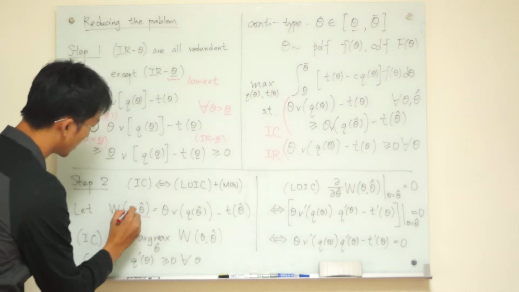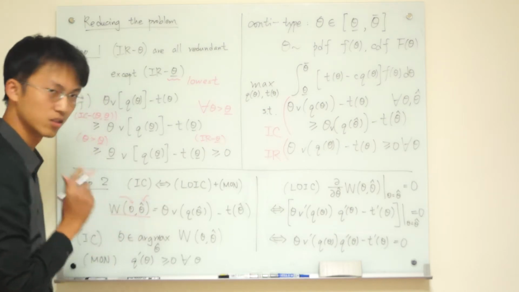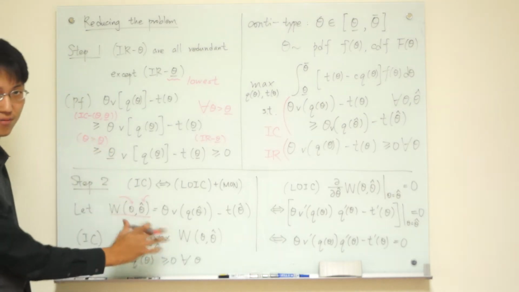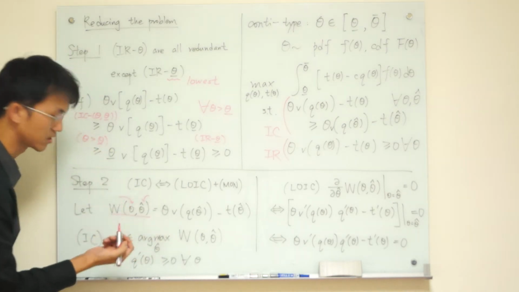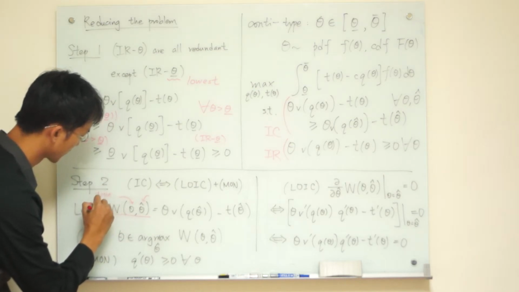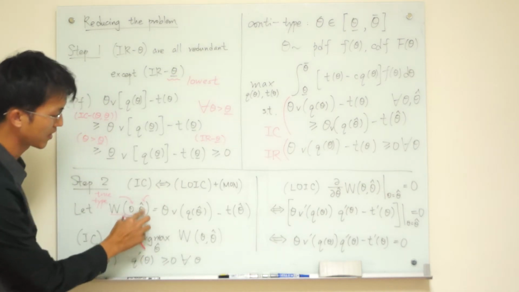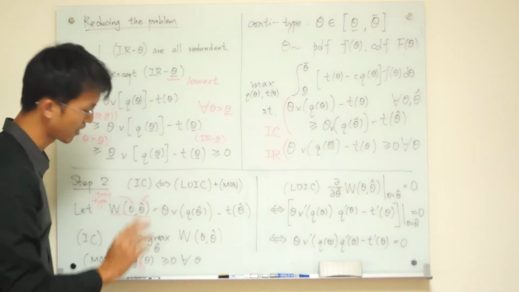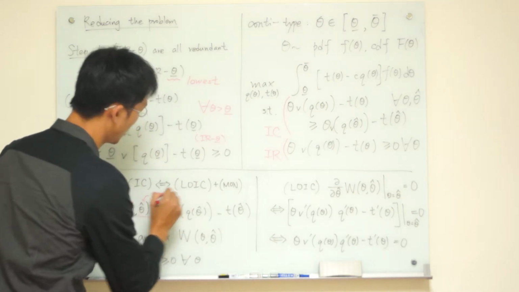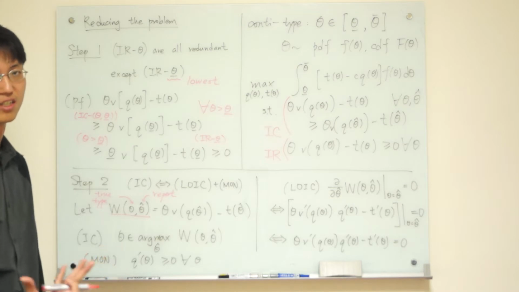Here it will be easier for you to have a usual way to denote these two notations. Theta is typically called the true type. Indeed, I know what I am. And theta hat is the reported type, or simply the report. Okay, you know this is a direct mechanism.